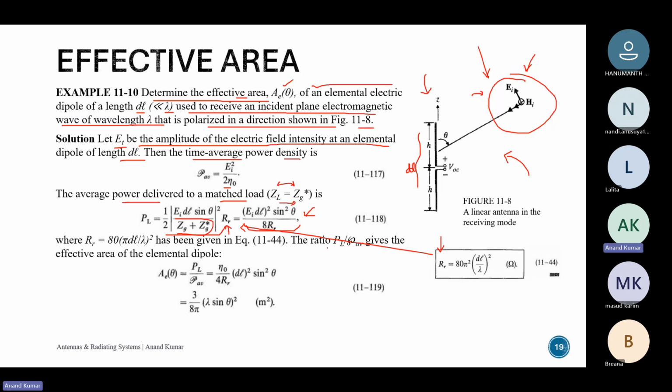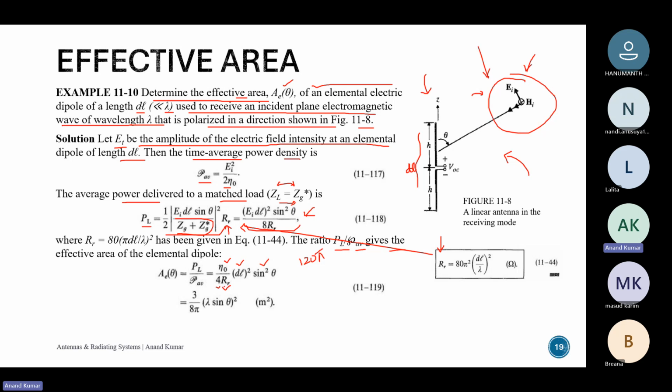So the ratio of this P_L upon P_AV gives the effective area. We have P_L, we have P_AV. We take the ratio, and this gives us eta naught upon 4 R_R, the radiation resistance, into dl square sine square theta. Eta naught can be written as 120 pi.